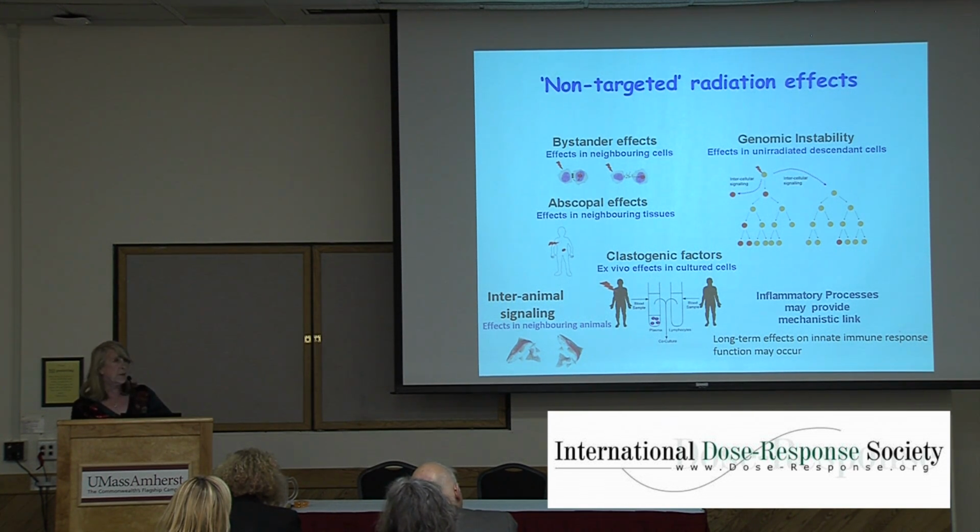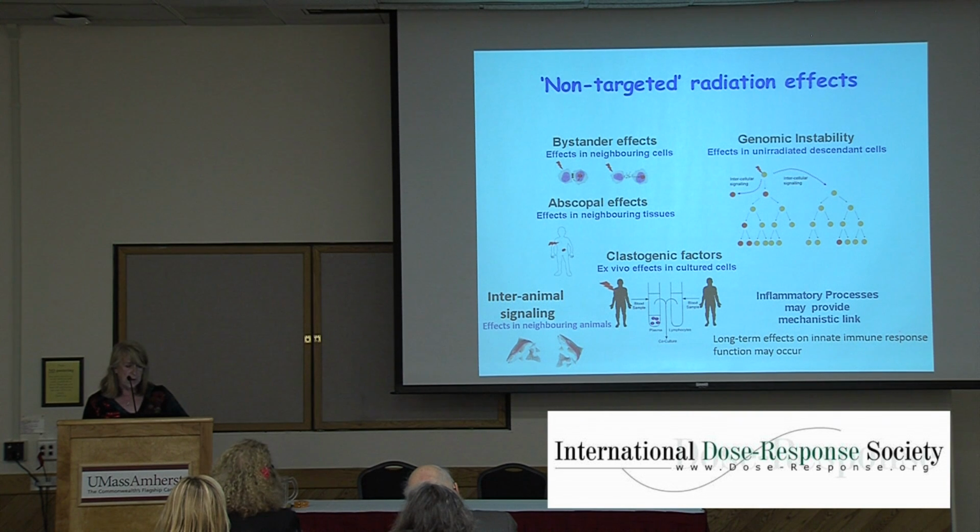And these are factors that circulate in the plasma of people who have had radiotherapy or A-bomb survivors, these kind of cohorts. And they can cause chromosomal damage if you transfer the serum to lymphocytes in culture. So again, it's an indirect effect of radiation.